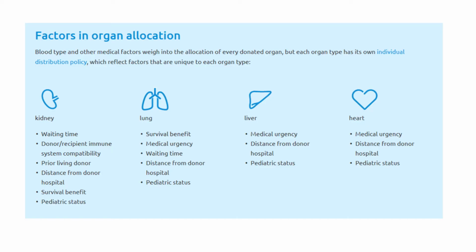So here are the factors in organ allocation. Blood type and medical factors weigh in, but each type of organ has its own distribution policy. Kidneys are the number one thing.